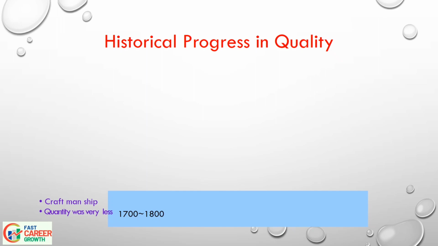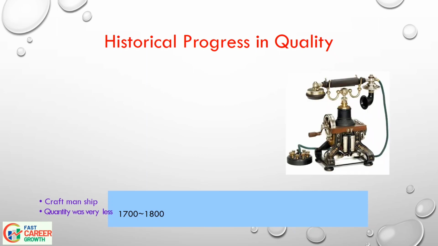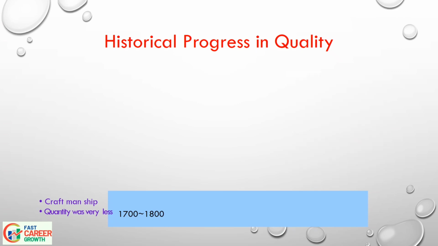Much of the early work in quality control was done at Bell Telephone, now known as AT&T. The Bell System and Western Electric, the manufacturing arm of Bell Telephone, formed the inspection engineering department to deal with quality problems.